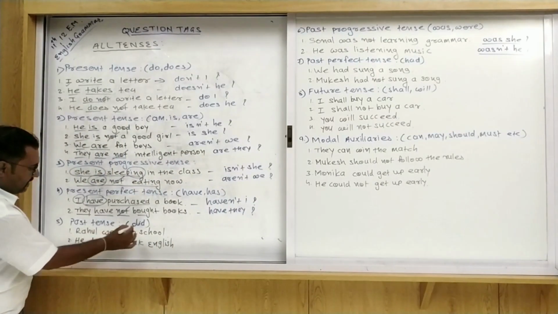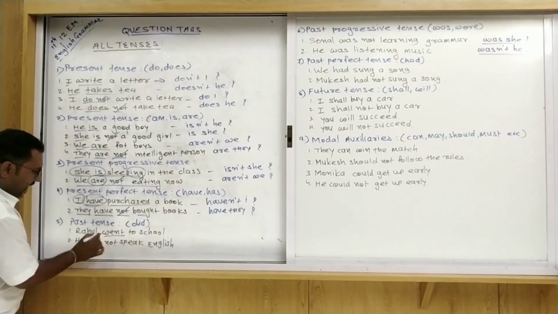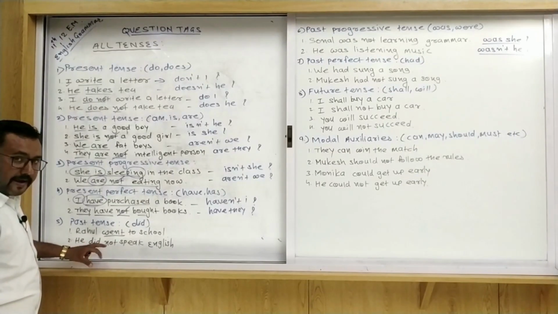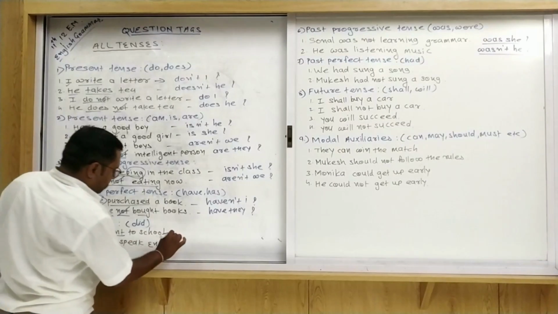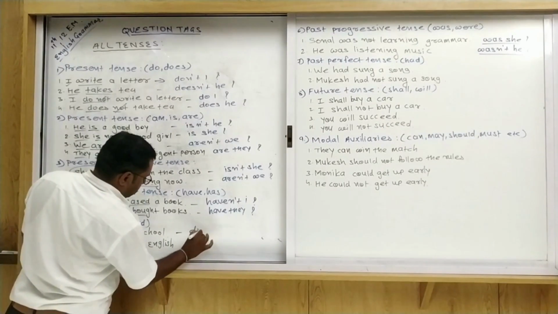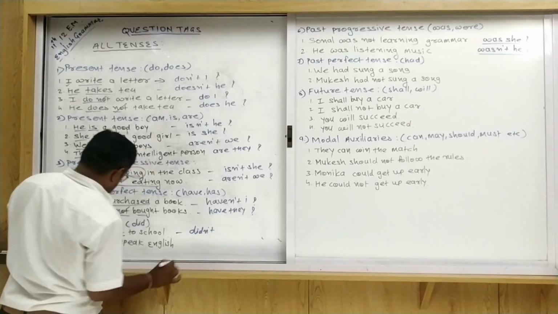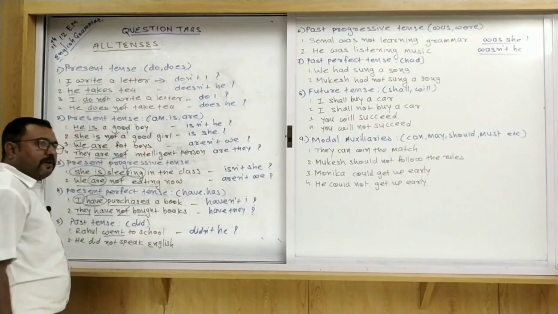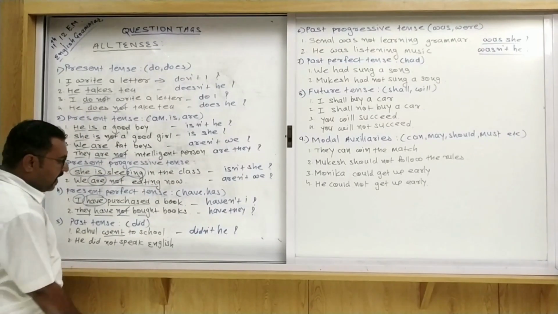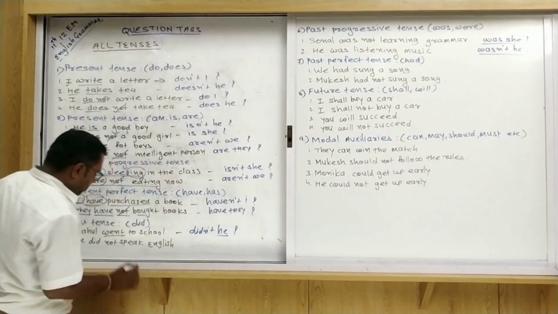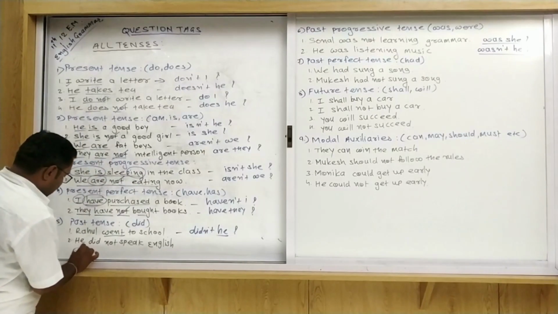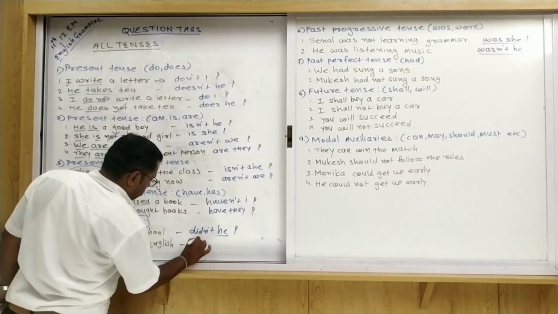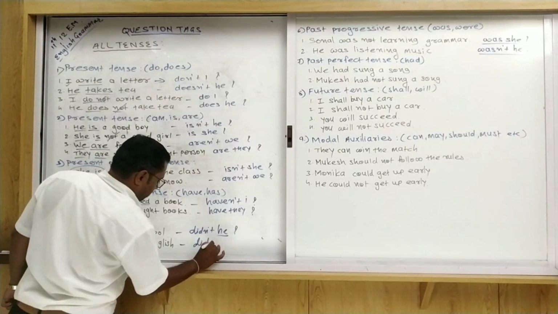Okay. Now past tense. Rahul went to school. That is positive. Then we are going to make negative. So went. So we use didn't Rahul. So here we write he. Don't write Rahul. We have to use the pronoun of the subject. Next one. He did not speak English. Did not. So we use did.